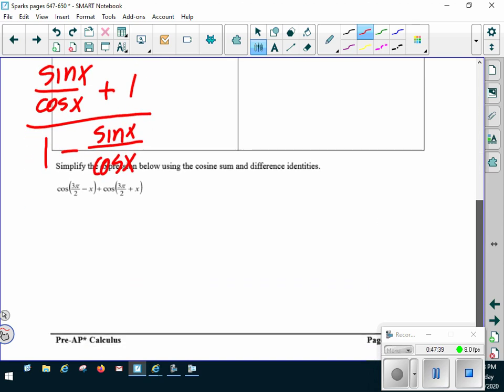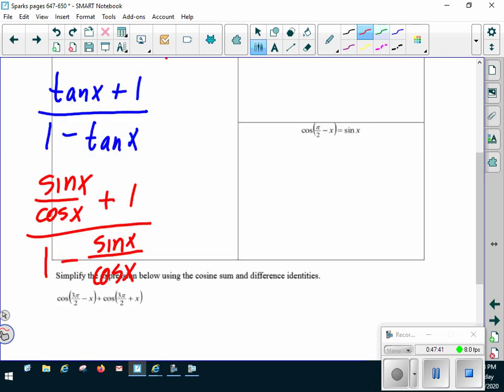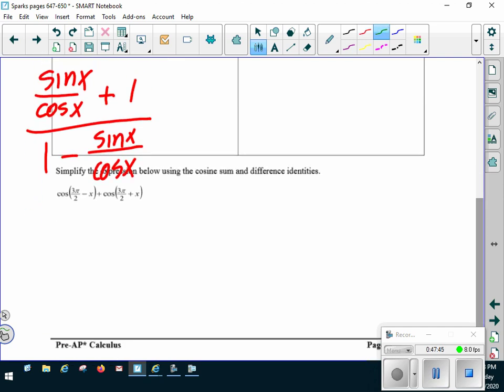What do you think we ought to do right here? Yeah, so I'm going to simplify the top by doing a common denominator of what? So what have I got? What's all this top clean up to?